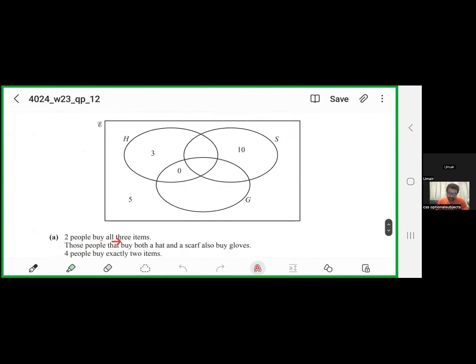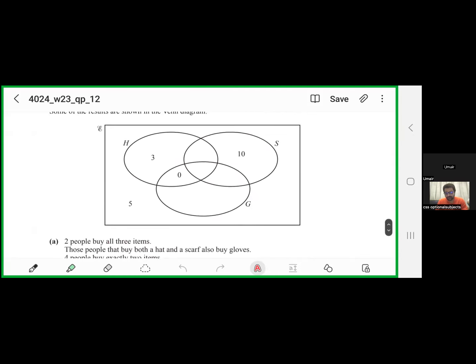Two people buy all three items. So there are two people who buy all three items: hats, scarves, gloves. Those two people will be located here. This is the region where there is an overlapping between hats, scarves, and gloves.